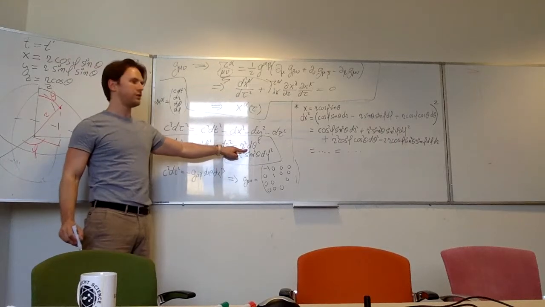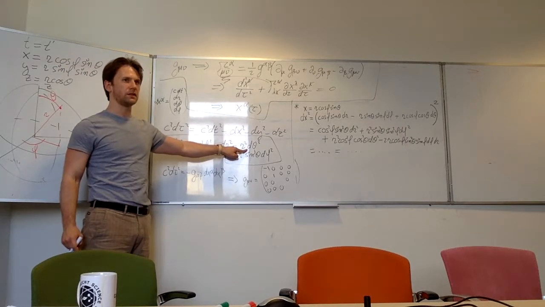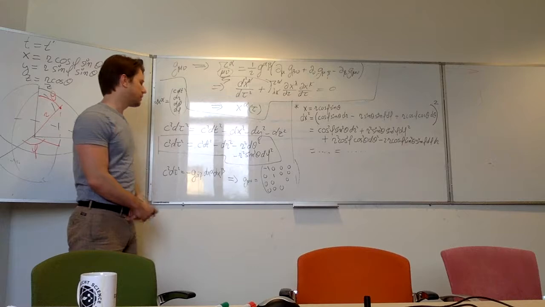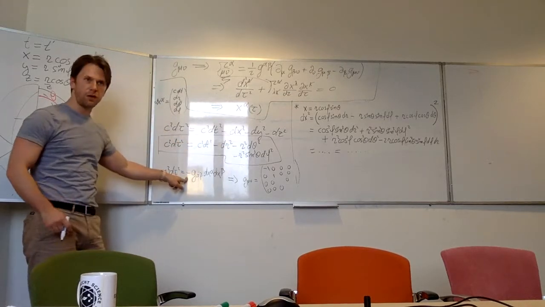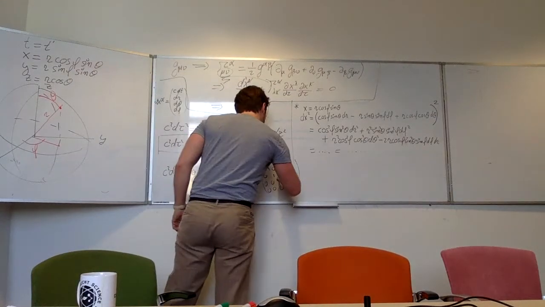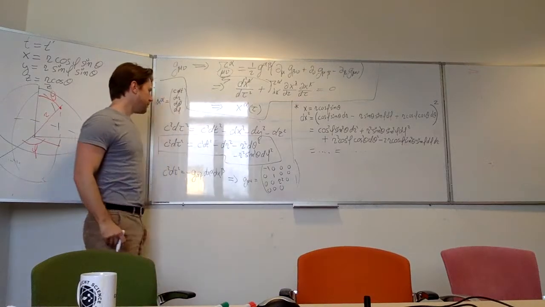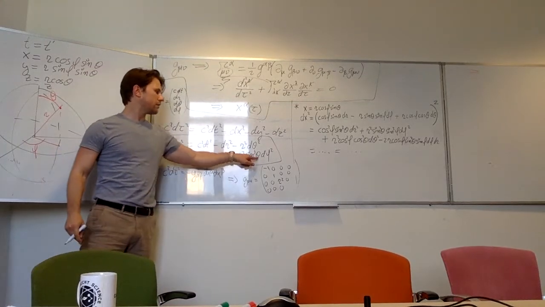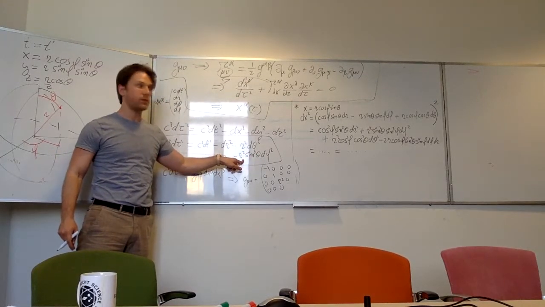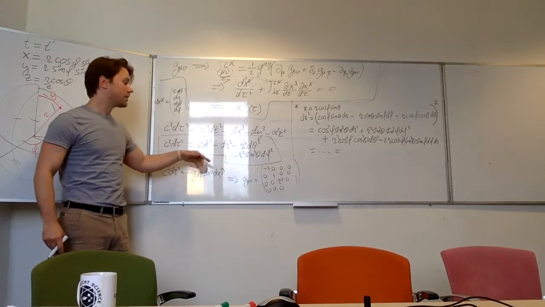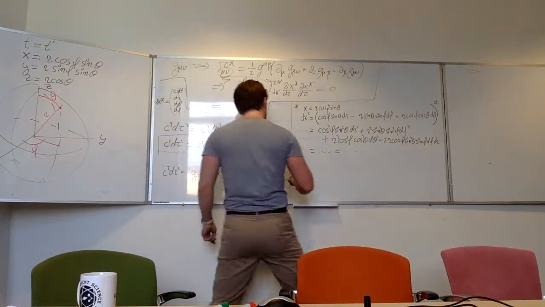Over here, what's the number in front of d theta squared? R squared. There's a minus r squared here, but it cancels out with this minus, so there should be an r squared here. And finally, the number here, of course, is minus r squared sine squared theta, which with this minus gives you plus r squared sine squared theta.